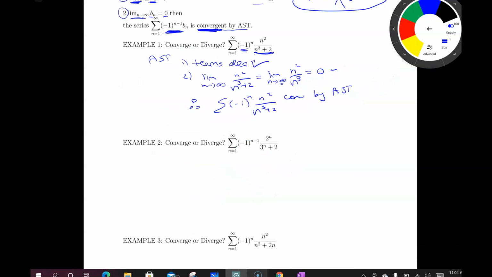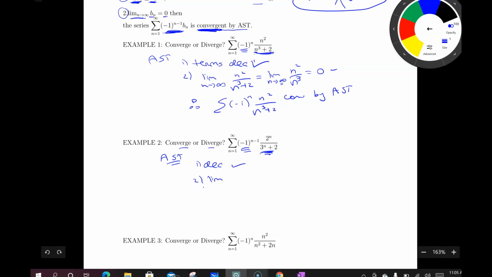Okay. Let's look at this one. Does this converge or diverge? I have an alternating series, so I can use the alternating series test. Does it look like the terms are decreasing? As n's are getting larger, does it look like these terms would be getting smaller? Yes, they do. There would be more growing in the denominator.